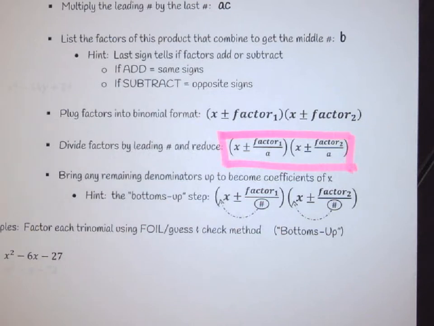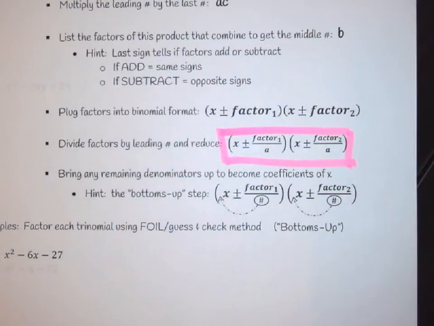You're going to divide each of those terms by your A term, which was your leading coefficient, and then you do the bottoms up, which says after you reduce your fractions, anything left on the bottom goes bottoms up to the top. Okay?